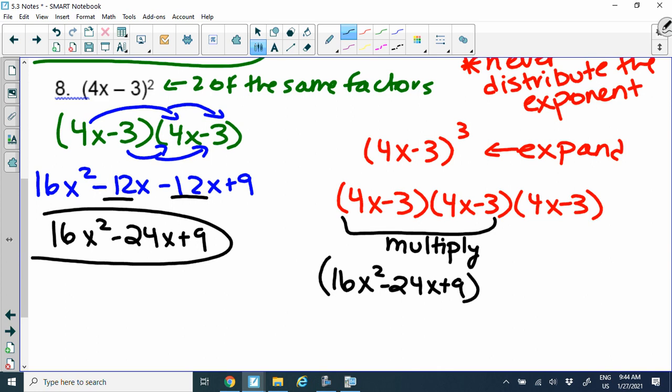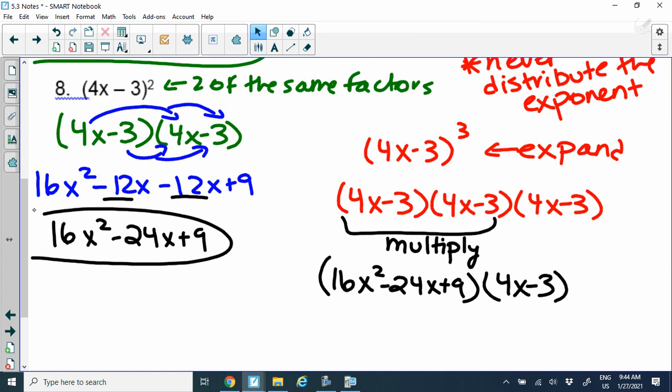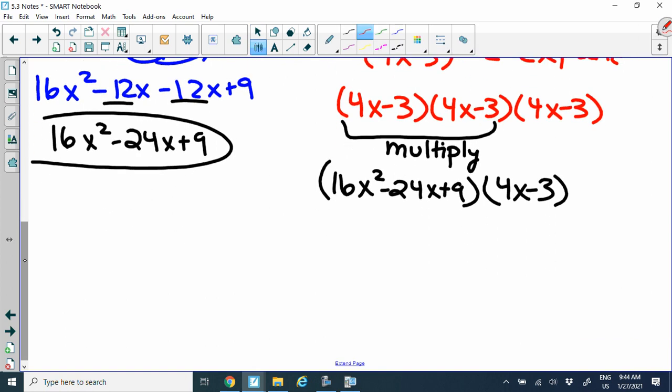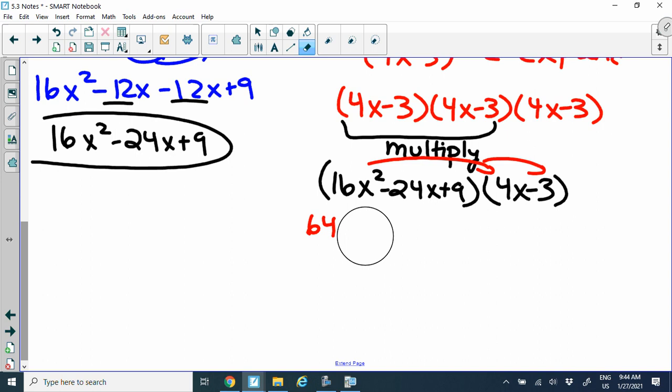Okay. Now I'm going to take that and multiply by the 4x minus 3, the last one. So 16x squared times 4x and times the negative 3. You might need a calculator for this. So we get 64x cubed, and then minus 48x squared.